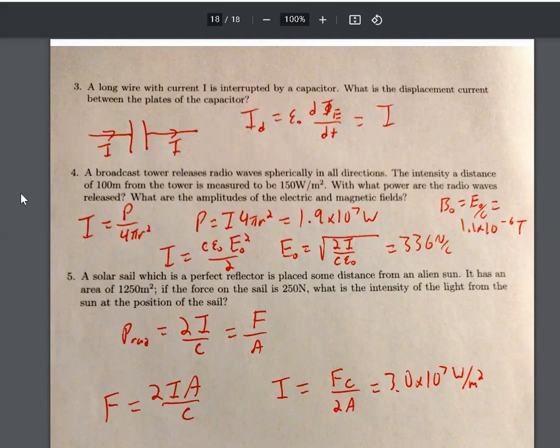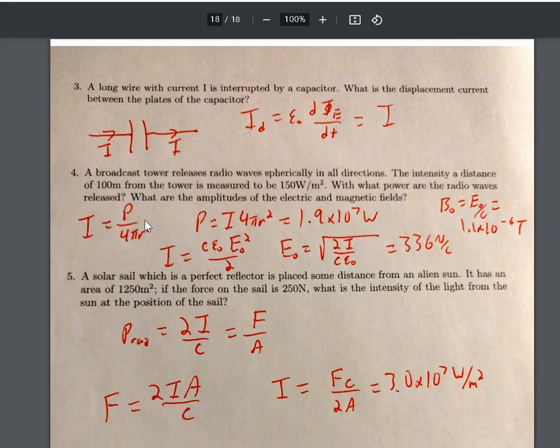All right, so a broadcast tower releases radio waves spherically in all directions. The intensity, a distance of 100 meters from the tower, is measured to be 150 watts per meter squared. With what power are the radio waves released? Well, anytime we have spherical waves, waves that are released in all directions the same, the intensity at some point is the power of the source divided by the area of a sphere at that distance.